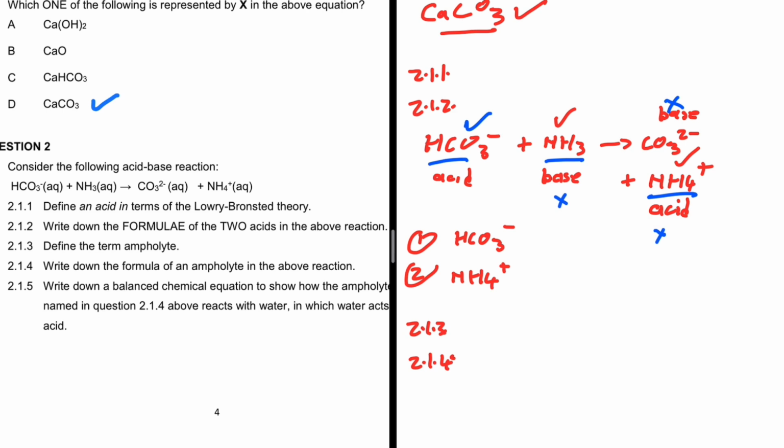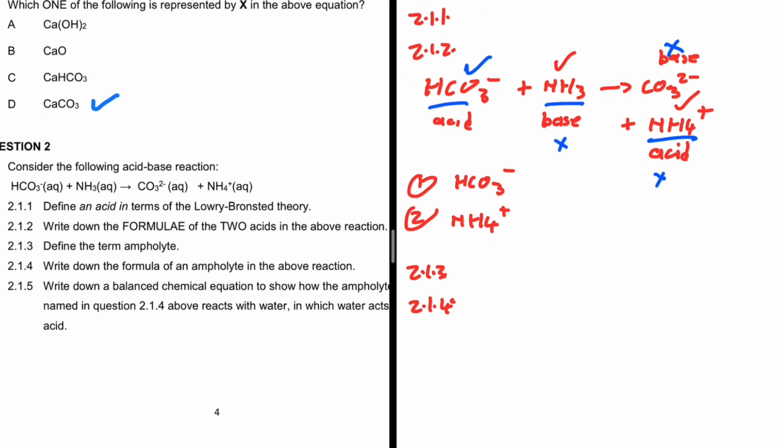HCO3 minus, it is an acid, but it can also act as a base. How can it act as a base? Okay, take a look at this. H2CO3 plus H2O can give us H3O plus and HCO3 minus. No issues arise whatsoever.